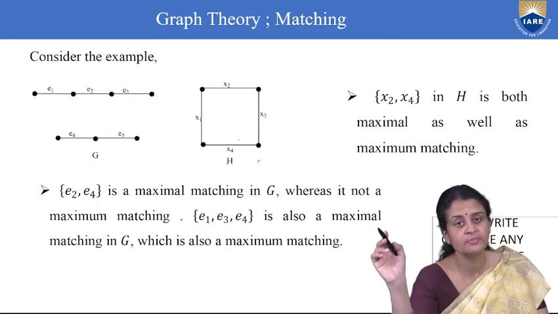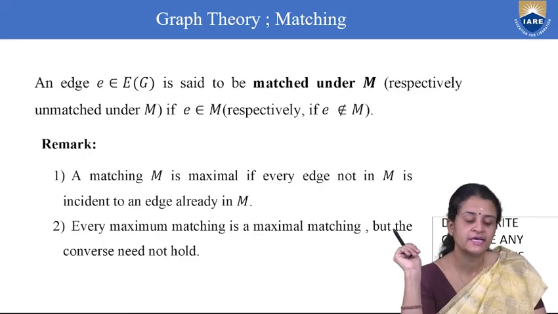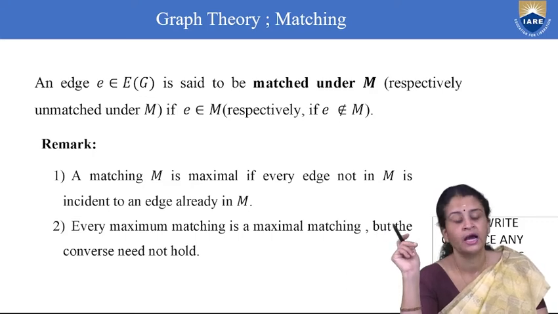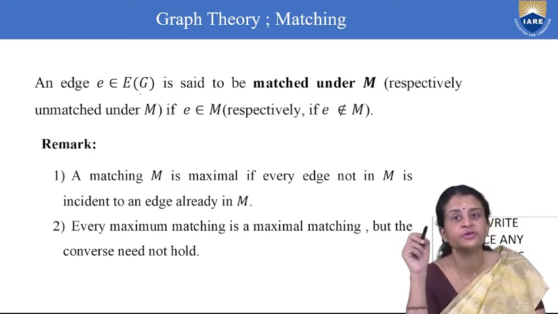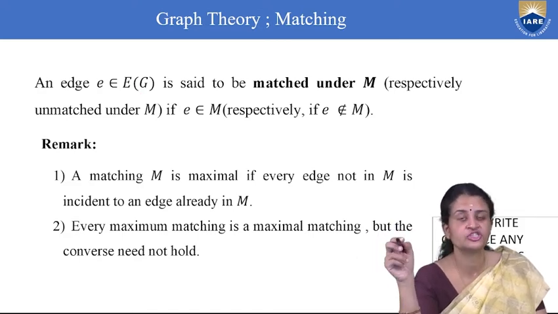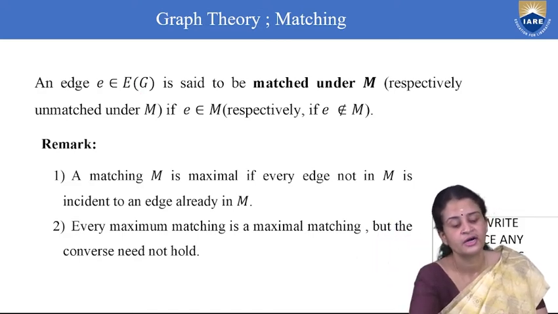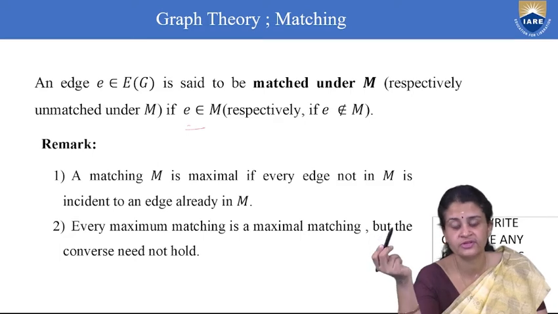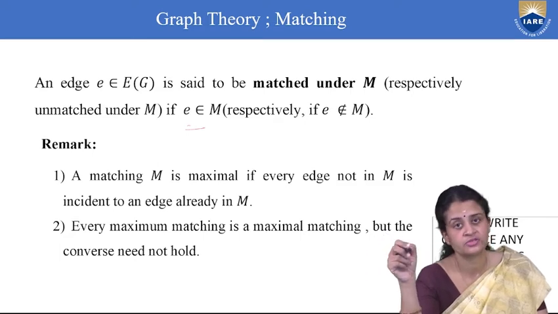Now, an edge e of E(G) is said to be matched under M, or otherwise unmatched under M. E is matched under M if e is an element of M, and if e is not an element of M, then we say that e is unmatched.